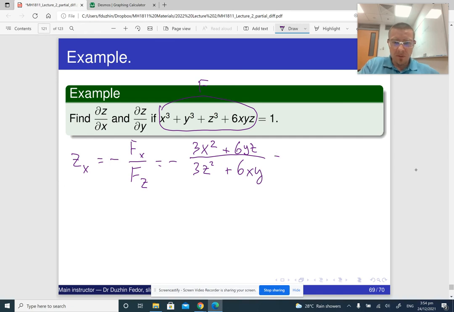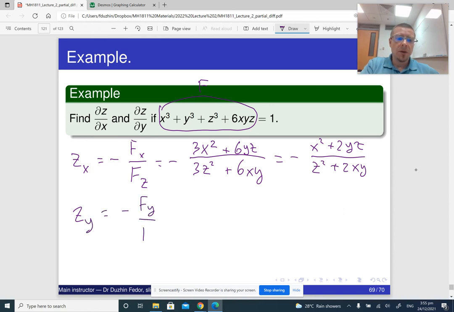Well, if you want, you can simplify it. It can be cancelled by 3. So minus x squared plus 2yz, divided by z squared plus 2xy. The same for y. The derivative of z with respect to y is minus fy over fz.